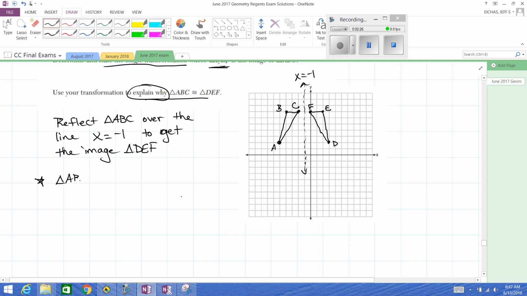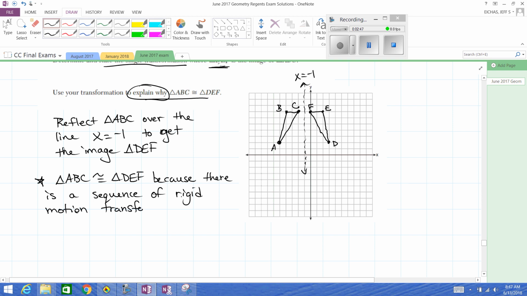Triangle ABC is congruent to triangle DEF because there is a sequence of rigid motion transformations, in this case line reflection, that maps triangle ABC onto triangle DEF.